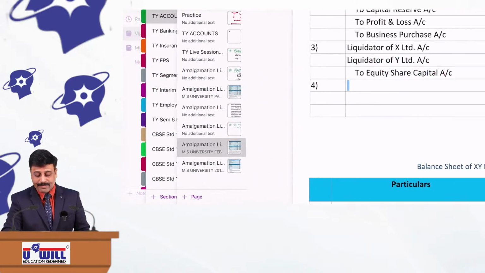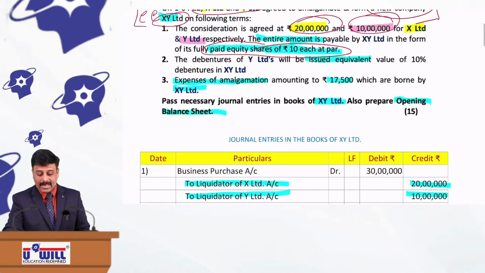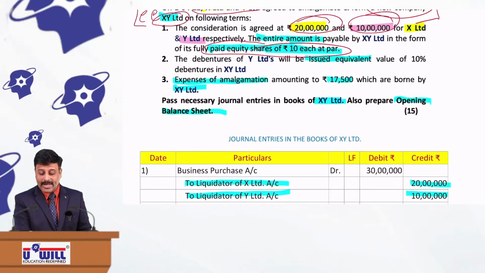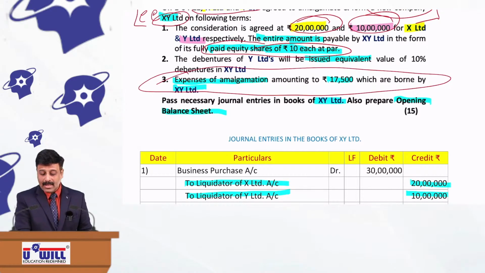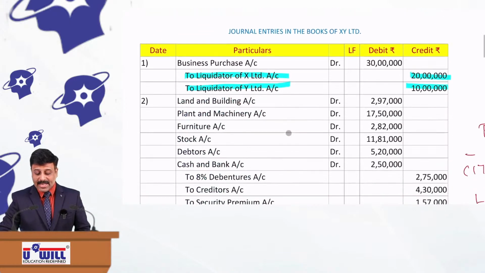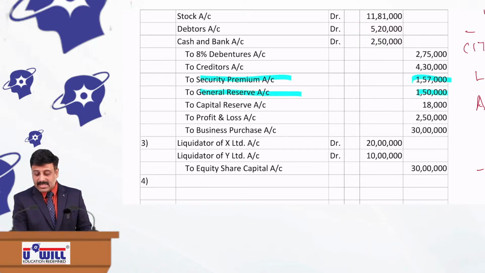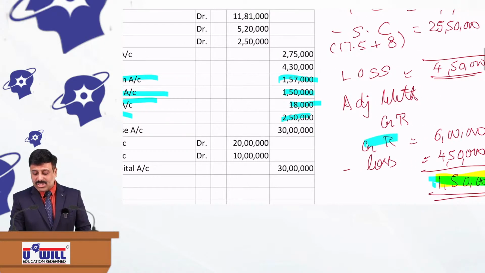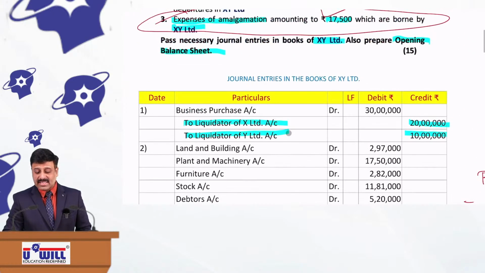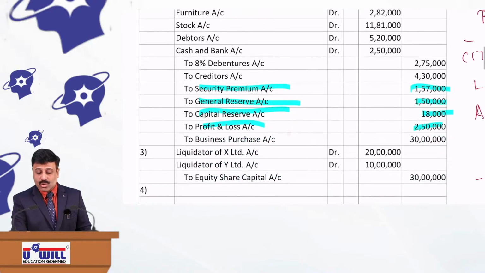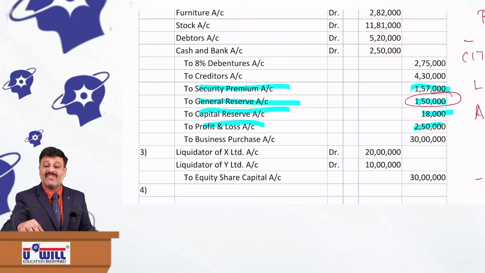Now here we do have them. Okay, all of you can see in adjustment number 3 over here. How much are amalgamation expenses? 17,500. This we will adjust with the amount of reserves. Now see here, which all reserves are there? There is security premium, there is general reserve, there is capital reserve, there is P&L. Since we adjusted these amount with general reserve, let us adjust this expense of 17,500 also from the amount of this general reserve itself, 1,50,000.